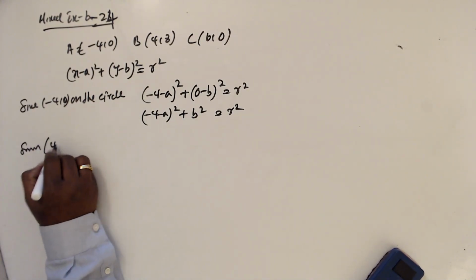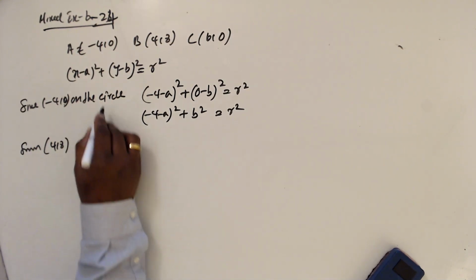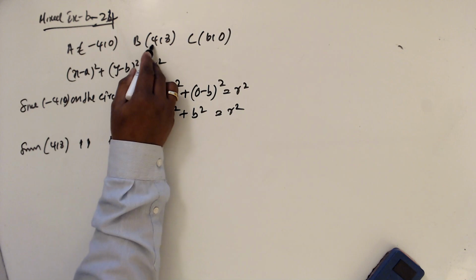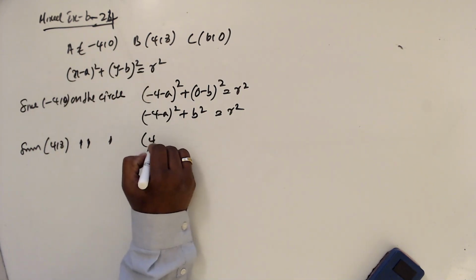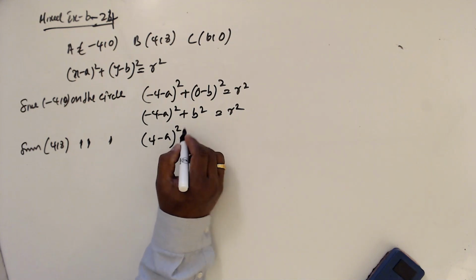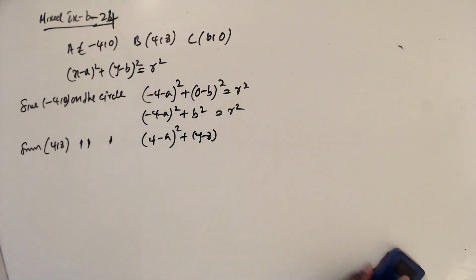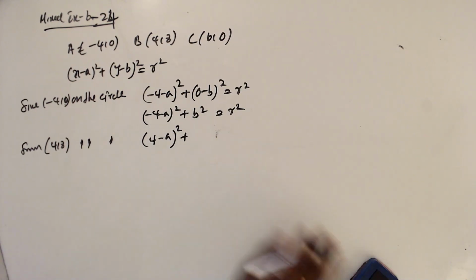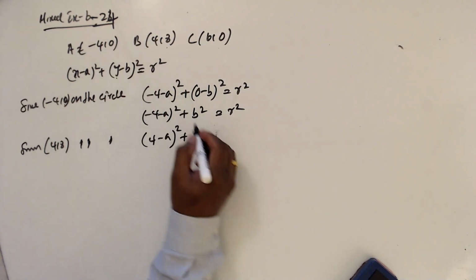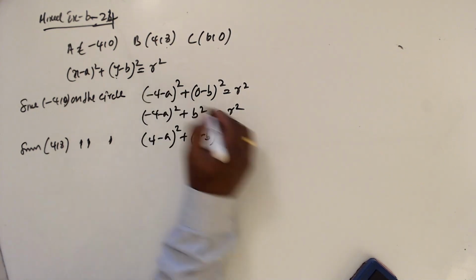Since (4, 8) is on the circle, I'll substitute that one. x equals 4, so (4 − a)², then instead of y I put y equals 8, so (8 − b)² = r².